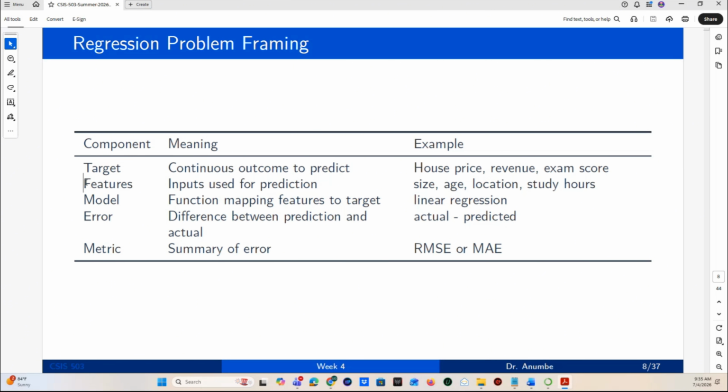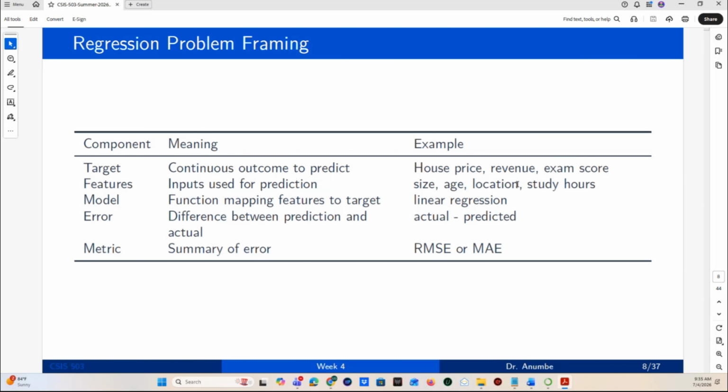So features are definitely very important, which is the input used for the prediction. Give me the inputs so that I can figure out what the target is. Things like size, age, location, or the number of study hours. If I know the study hours, which is a feature, I can predict your exam score.